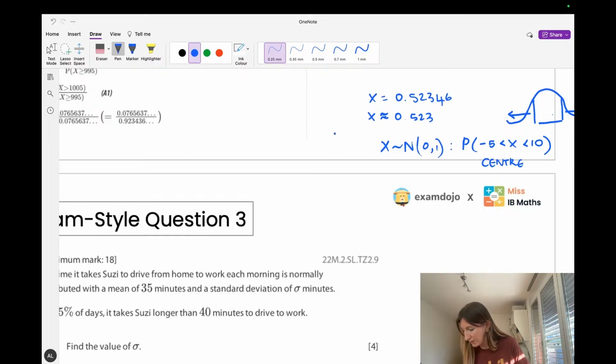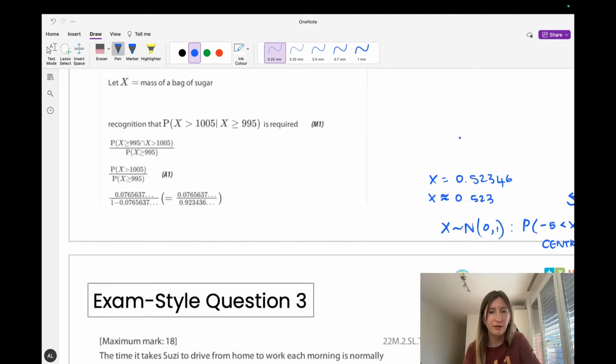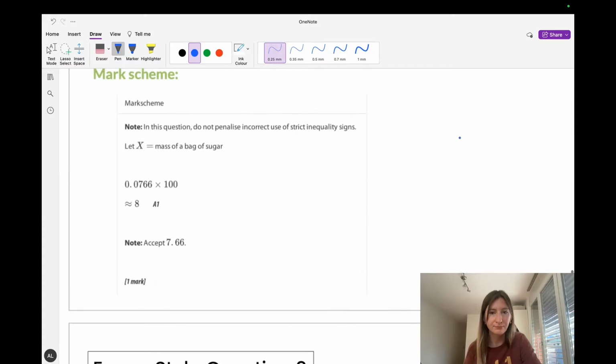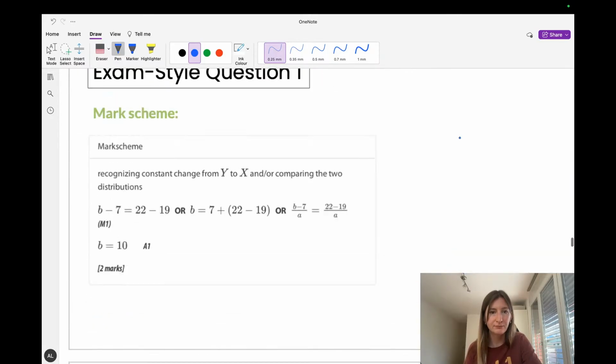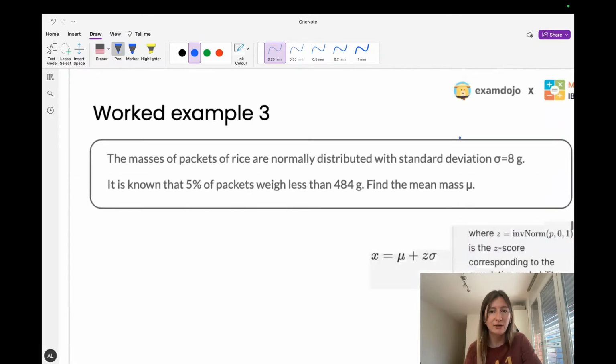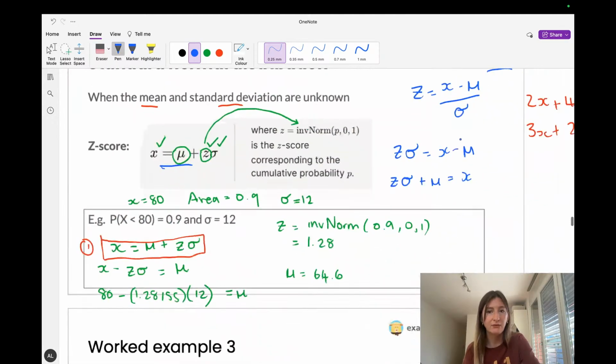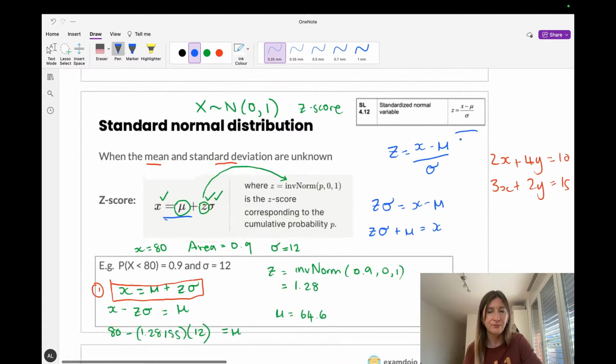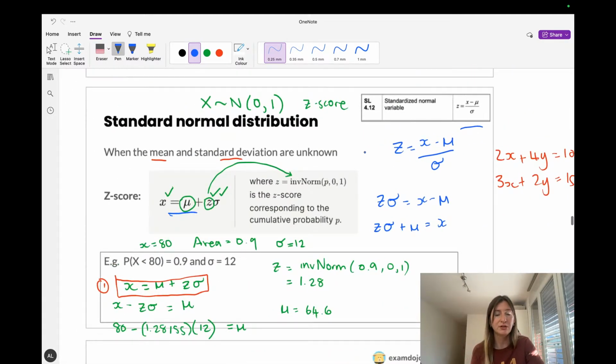How do you know when to use 0 or 1 in the inverse norm? So when you use the 0 and 1 is when you're not given a mean or a standard deviation. So that's when you need to use it. So mean and standard deviation, one of them or both of them are unknown.